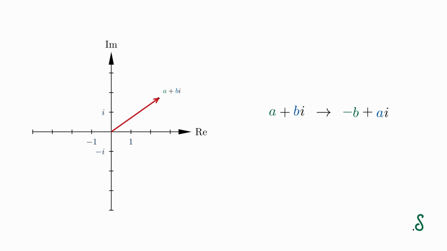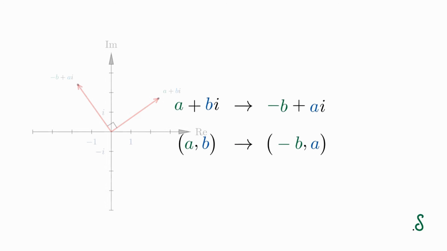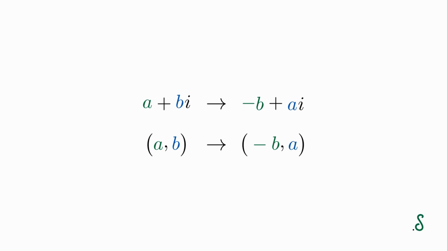So multiplication by i takes a plus bi and turns it into -b plus ai. In terms of coordinates, that's (a, b) going to (-b, a). And that happens to be exactly the rule for rotating a point 90 degrees anti-clockwise. So this isn't just a coincidence, we've actually just proved it. Multiplying by i rotates a complex number by 90 degrees.